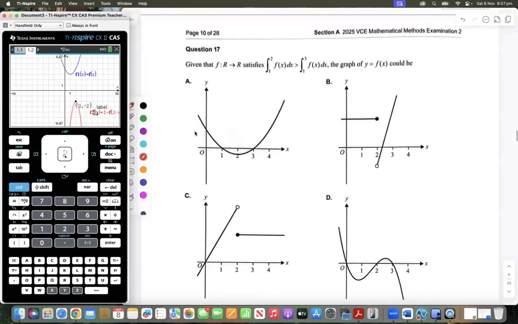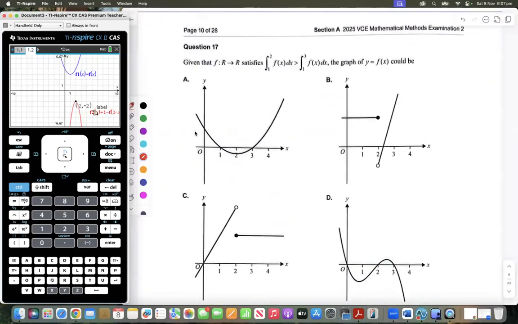Okay, what's this one? Given that, okay, 1 to 2 is greater than 1 to 3. 1 to 2 is greater than 1 to 3. Ah, because this talks about the net, not the net value. They talk about negative values as well here, right?